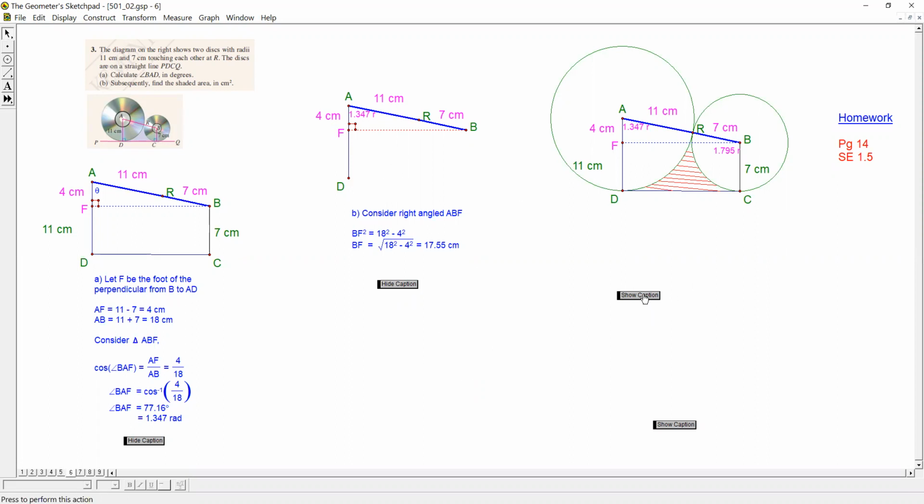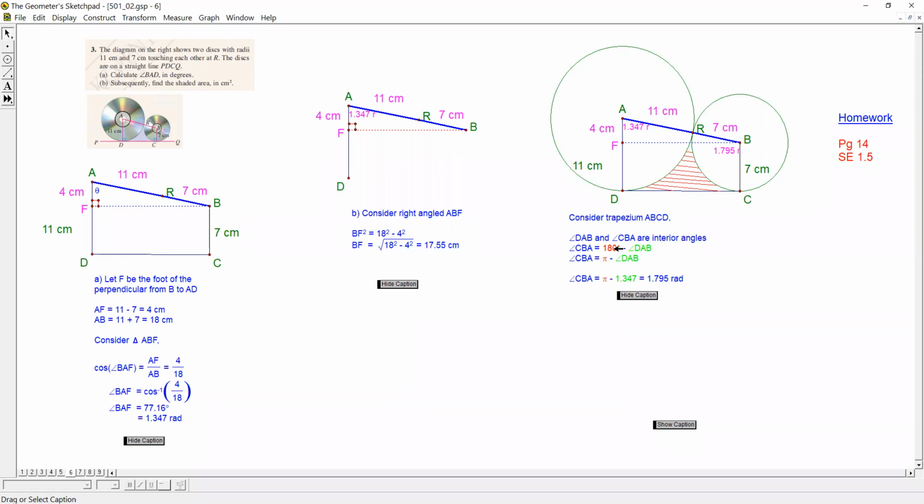Okay, next, I want to find the angle on the other side. Now, because this is a trapezium ABCD, angle A and angle B are the interior angles of this trapezium. If you remember what you have learned in Form 1 or Form 2, for an interior angle, you use 180 minus this angle, then you get the other interior angle.